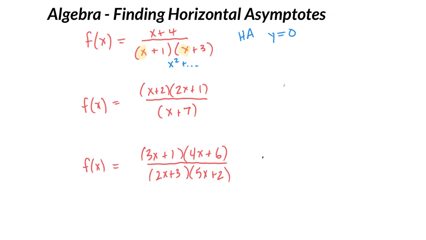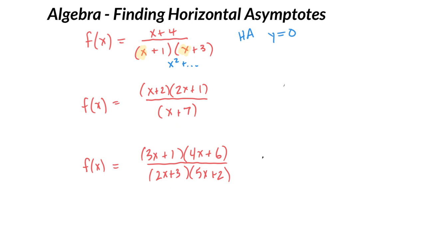Highest power is in the bottom. To explain really quick why it's always 0: we are dividing by something that is getting really, really big at a rate that's faster than the numerator is getting really big. And whenever we're dividing by an ever-increasing number, we just keep getting smaller and smaller outputs nearing 0.